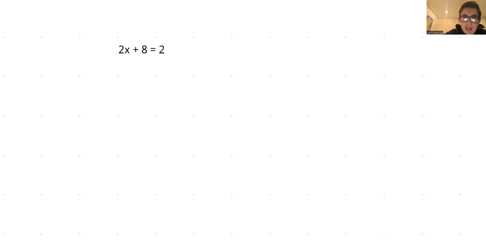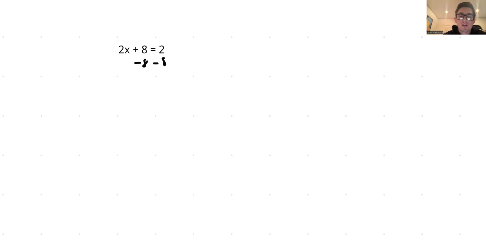So let's go ahead and subtract. We want to get rid of that 8. We want to move the non-variable terms over to this side, because the variable is already over here. That's just the easiest way to do it. So we're going to subtract 8 from both sides. Let me make that a little clearer. Sorry for the sloppy writing.